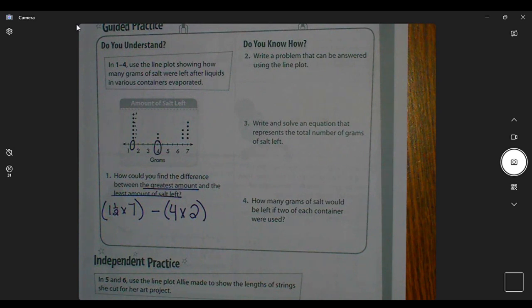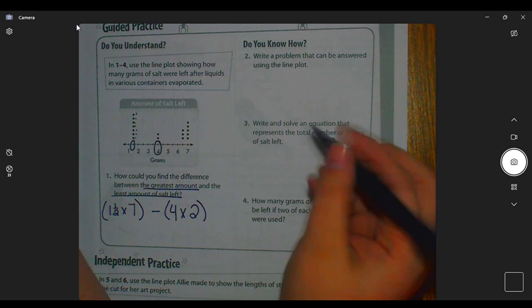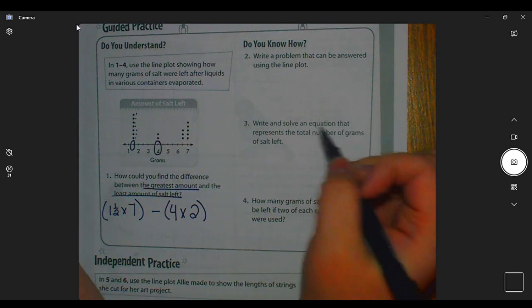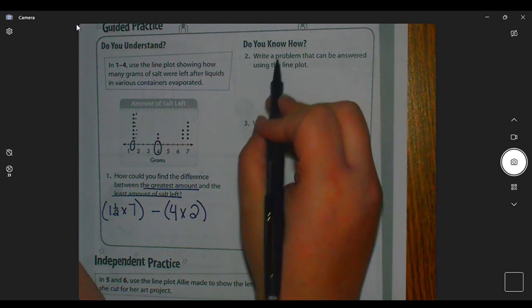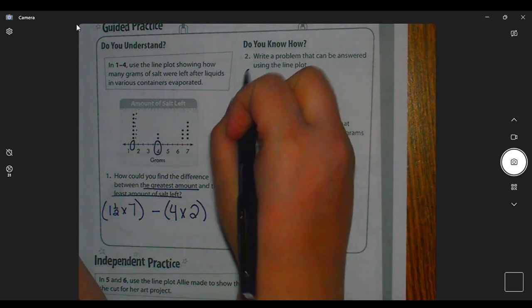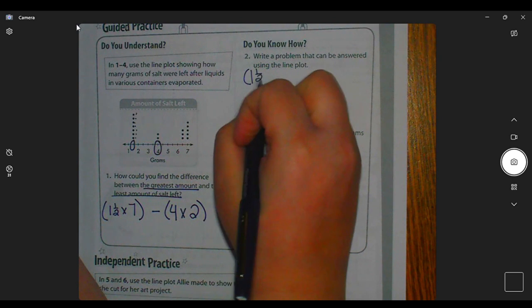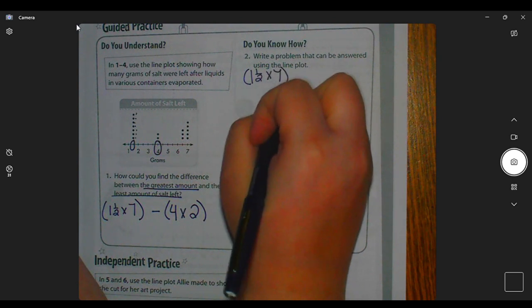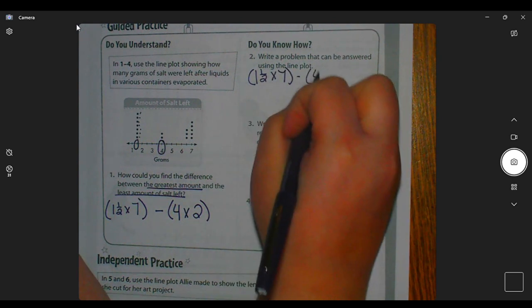Now, number 2 says write a problem that can be answered using the line plot. We just figured that out in number 1. So we're going to answer the problem. So 1 1/2 times 7 minus 4 times 2.